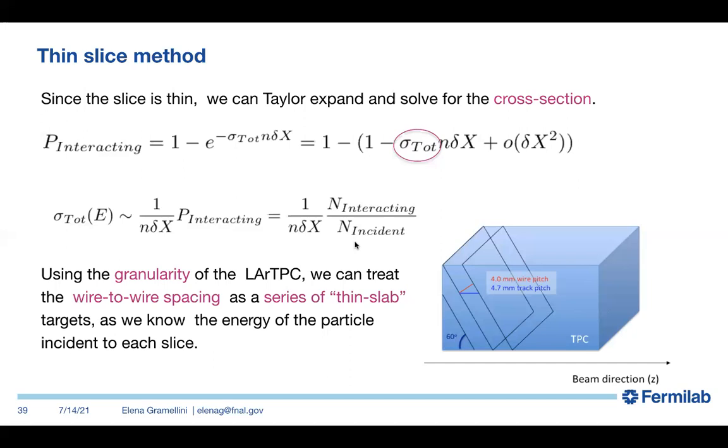So you have many thin slab experiments, one after the other, and you can recover this formula if you consider each slice separately, each tracking point as a different target. So this is the method that we use.